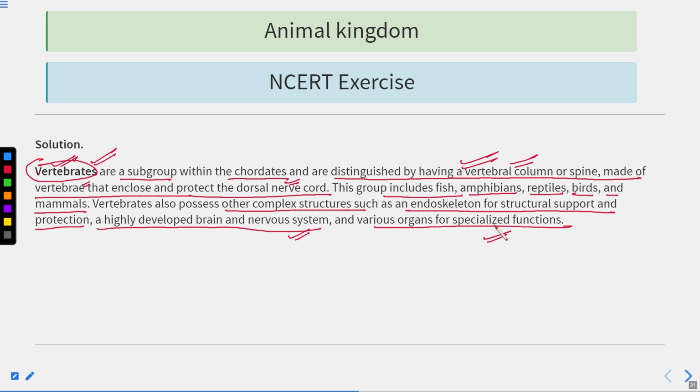These hemichordates do not have this vertebral column. So this is the difference, and that is why we can say that all vertebrates are chordates, but all chordates are not vertebrates.